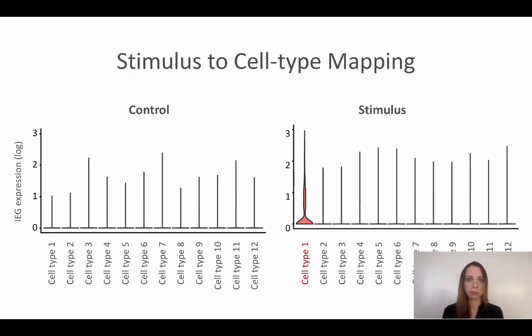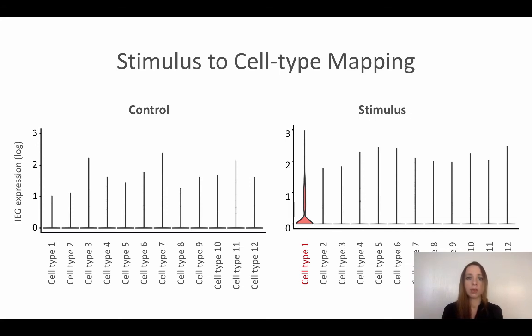In practice, this data looks something like that, and I'm showing you expression of one of those immediate early genes on the y-axis, and on the x-axis I'm showing you cell types in one of the brain regions. So there is no expression of immediate early genes in the control group.